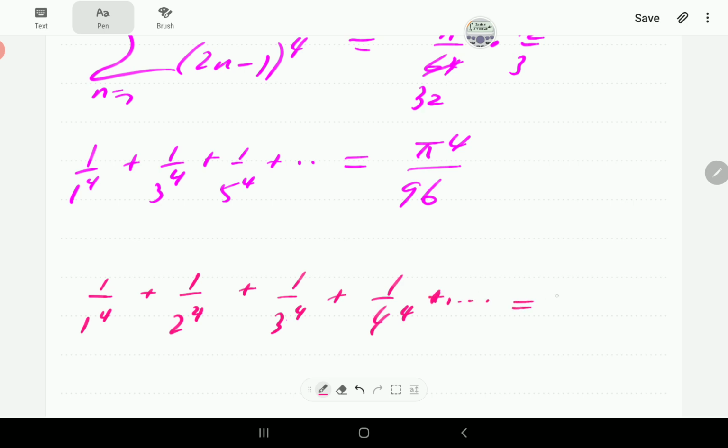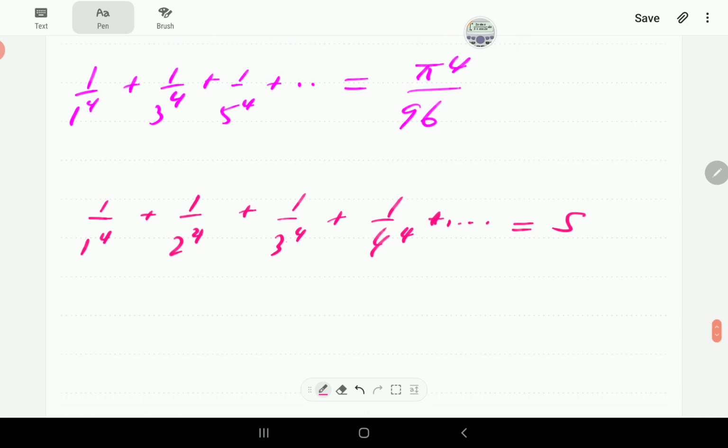So let's call this S. Now if we call this S, can we use this to find the value of S? And indeed we will try. So this is the first thing we do.